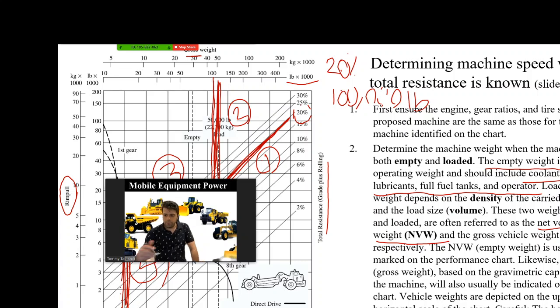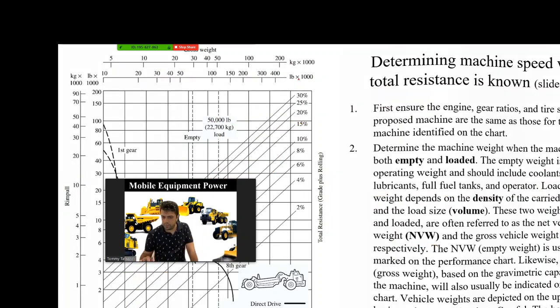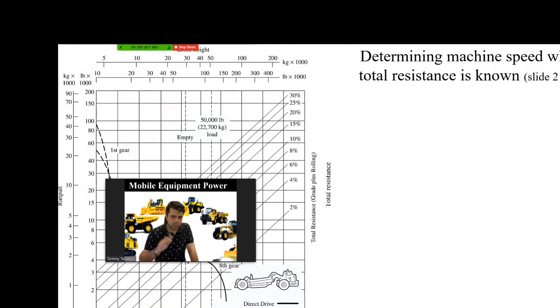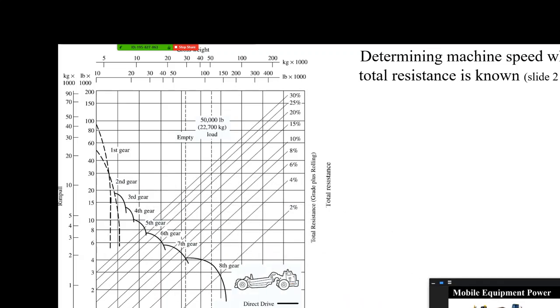Another important thing to remember is that the horizontal weight data is presented as a log scale. So both of these are in log scale. It doesn't change the procedure at all. It just tells you that it is in log scale.